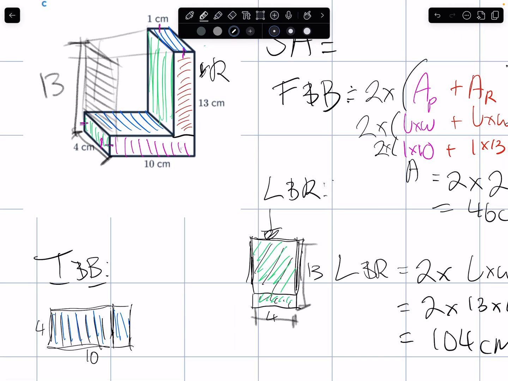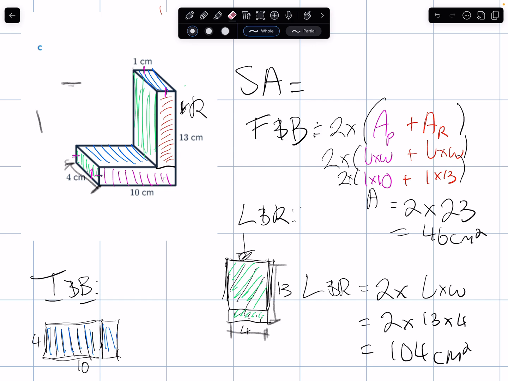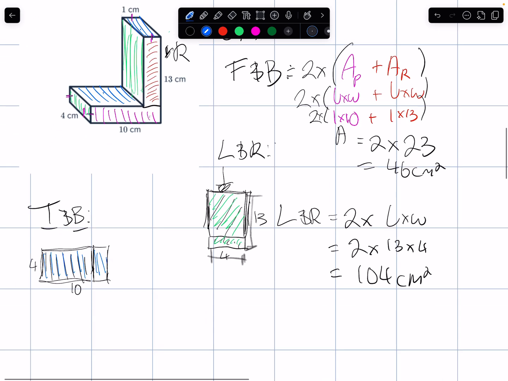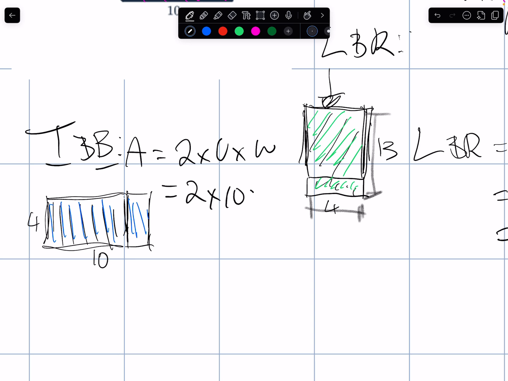That is the same with the top face. If we're looking at it from a bird's eye view, we would see these two faces here and here add together to look like that. And so we have two of these faces. So the area is equal to 2 times length times width, which is 2 times 10 times 4, which is 80 centimeters squared.